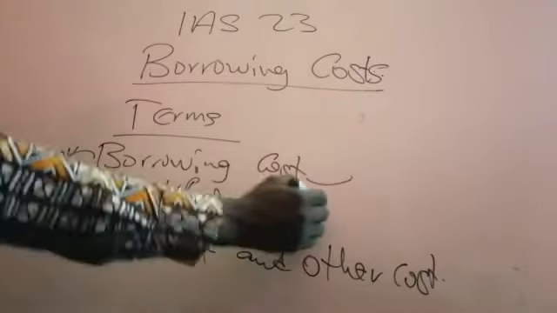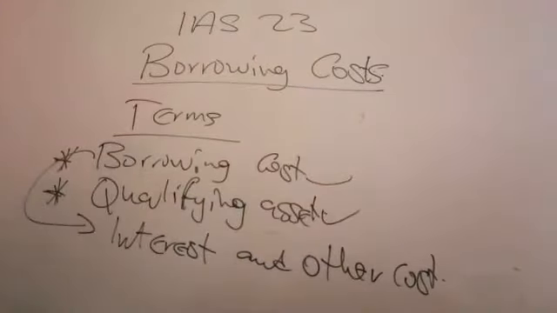Now let's go to qualifying asset. When you talk about qualifying assets, you're going to use it in this standard. A qualifying asset is an asset that necessarily takes a substantial period of time to get ready for its intended use or sale.